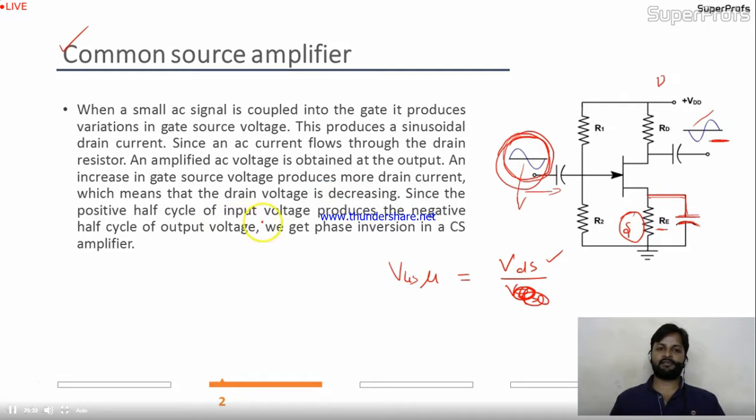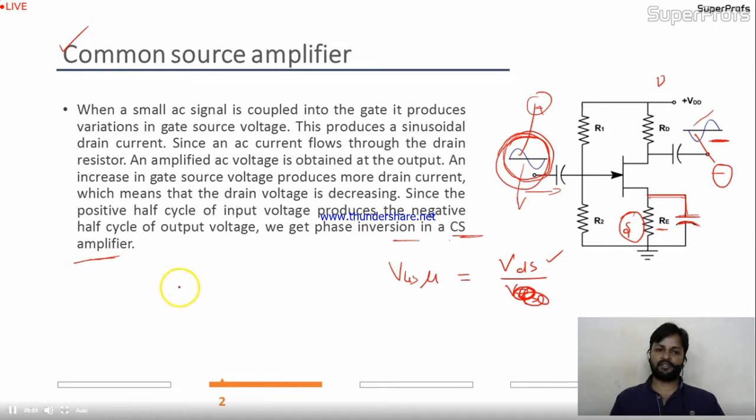Since the positive half cycle of the input voltage produces the negative half cycle of the output, it means this is the inversion of your signal. So we get phase inversion in common source amplifier.